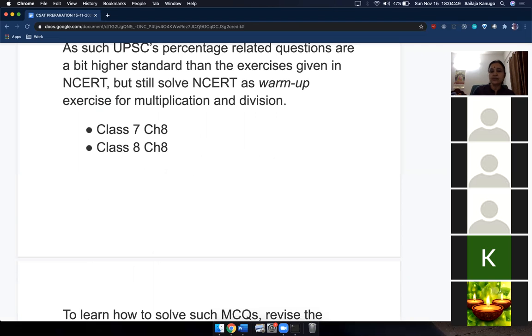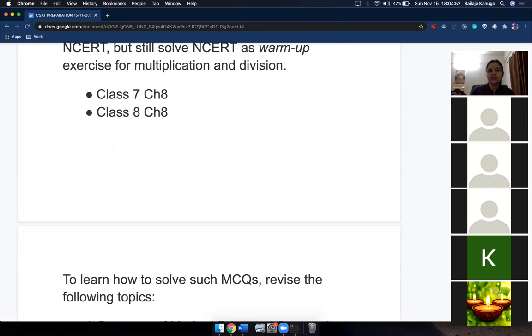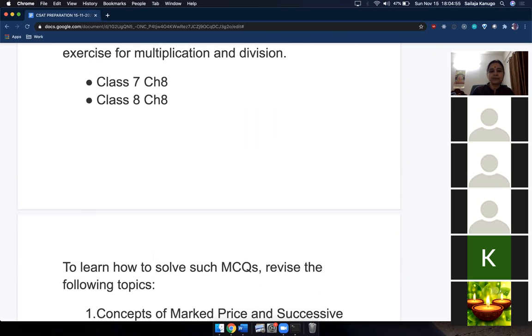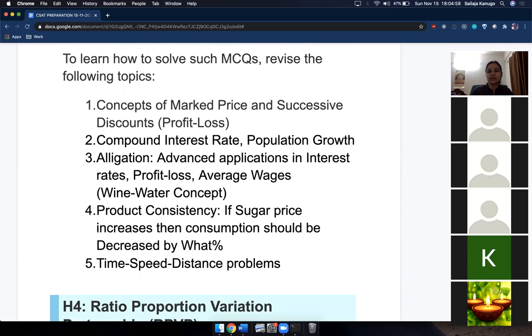Please make a note of it, solve these 2 chapters, and in the next class we will discuss it. There are a few other topics you need to take up. Compound interest, a few things we have already done, but this document I will be sharing with all of you. You can go through these related questions also.